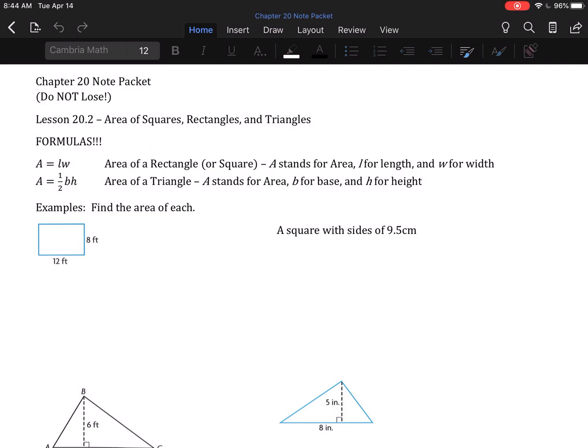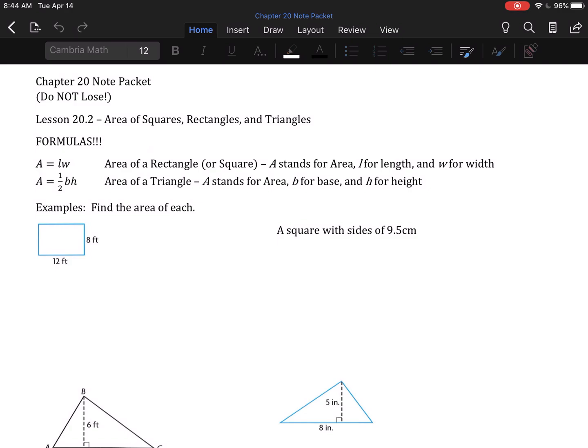So, today we're going to talk about squares, rectangles, and triangles. Okay. So for a rectangle, the area is equal to the length times the width. Remember that a square is just a special rectangle, so it also follows that formula.